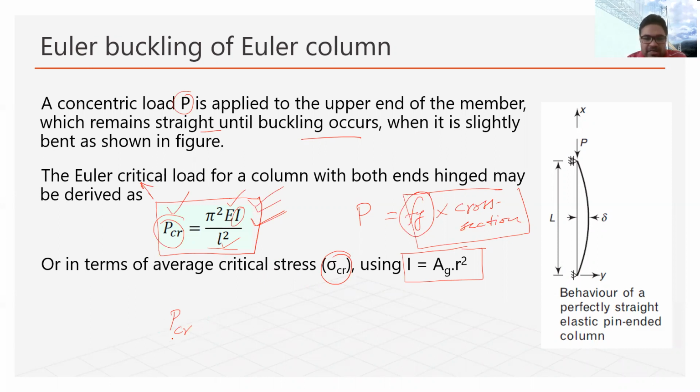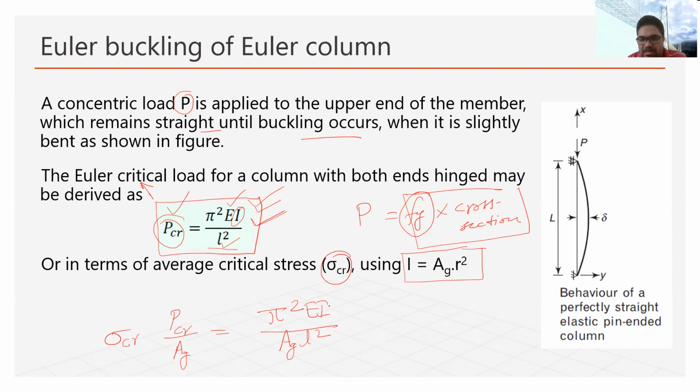So the force here is PCR by A. We are calling this sigma CR. I will put here pi square EI by L square, and along with this I am putting this AG value.